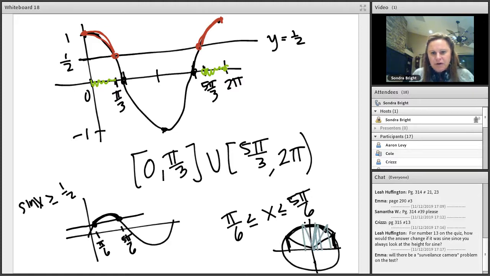See, all of your heights are taller than sine. You're looking at the heights of the triangle, so you're looking at these guys. And so that's why it's from pi over 6 to 5 pi over 6. So a huge difference, sine versus cosine. Sine, you're looking at the heights of the triangles. Cosine, you're looking at the adjacent sides of the triangles.